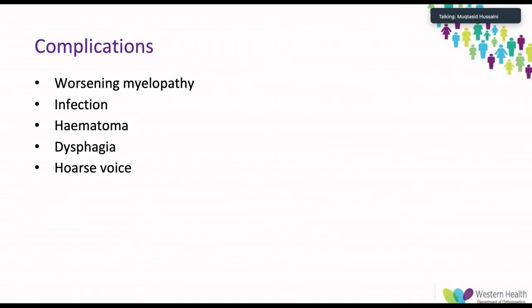Things we have to warn patients about, particularly with this approach: there is a risk of the myelopathy worsening still, a risk of infection and hematoma, dysphagia, as the esophagus often needs to be retracted quite forcefully out of the way. There is a small risk of esophageal perforation as well, and also hoarse voice as the recurrent laryngeal nerve passes through the surgical field.